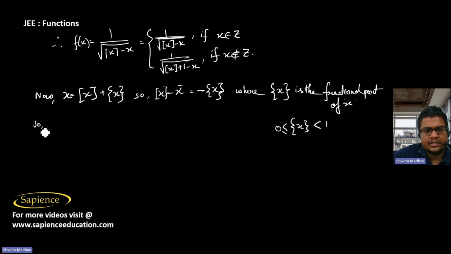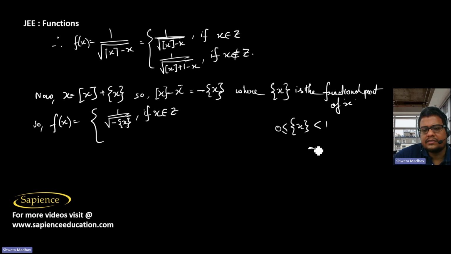Now this function f of x can be written as 1 by square root of minus fractional part of x if x belongs to Z. Here the fractional part of x will be equal to 0 when x belongs to Z, so 1 by 0 will come here, and it will be undefined. So when x belongs to Z, the function f is undefined.